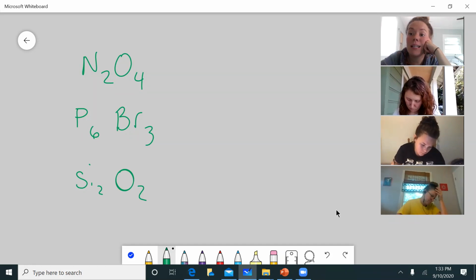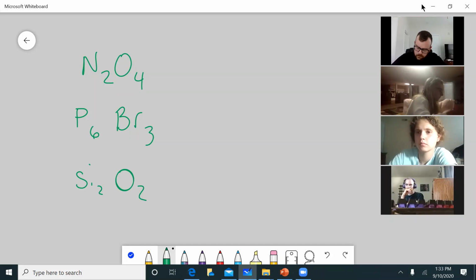I think these ones are a lot easier to do than the metal and the nonmetals. You don't need to flip-flop charges. You don't need to balance anything. You literally just look at it, write it out.